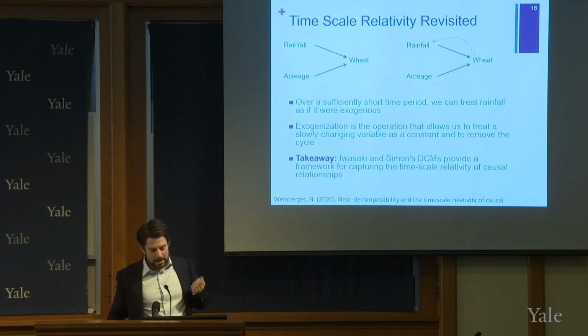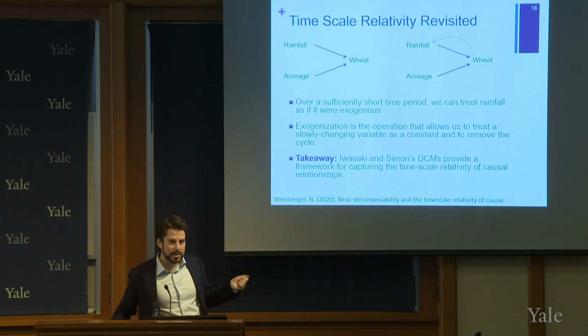The big takeaway for timescale is that Iwasaki and Simon's dynamic causal models provide a framework for capturing this timescale relativity of causal relationships. These operations allow us to understand the relationships between causal models at different timescales in a systematic way. One thing to note is that the relationships can look very different at different timescales.